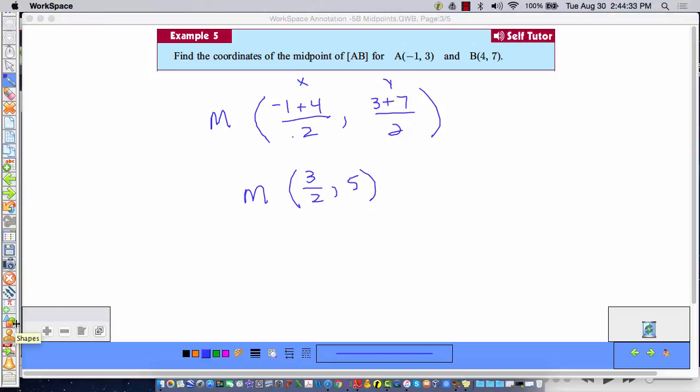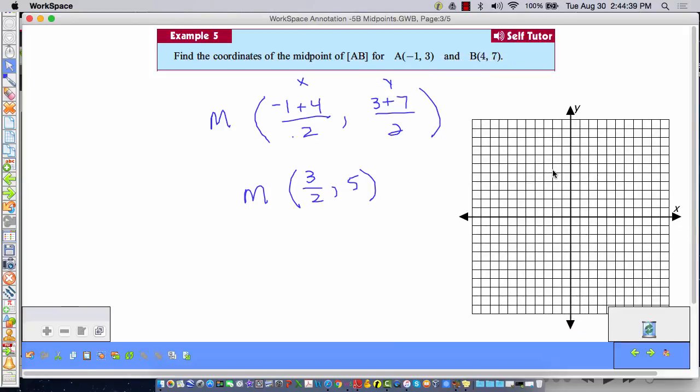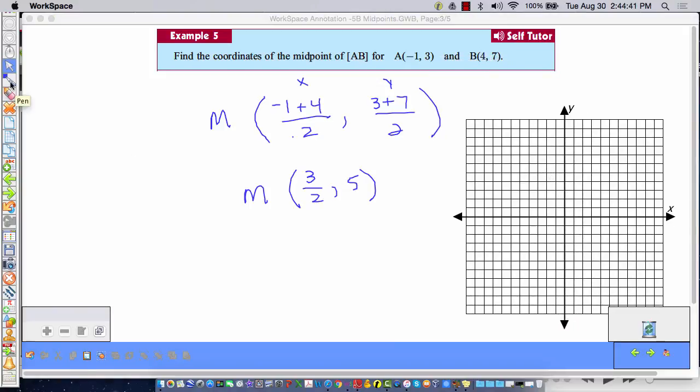Let's stamp a graph on here and see if that makes sense. Let's plot the point (-1, 3), right there.